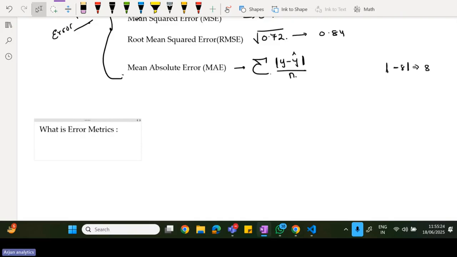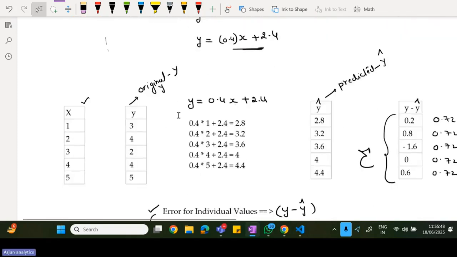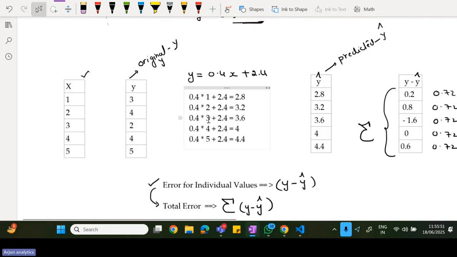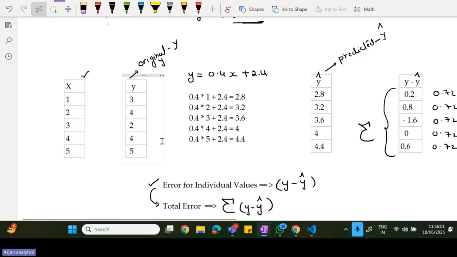See, we can write it as: an error metric is nothing but a mathematical calculation or mathematical tool used to measure how well our model predictions match the actual values. This is our model. So how well our predicted values match the actual values, that is what it will check.